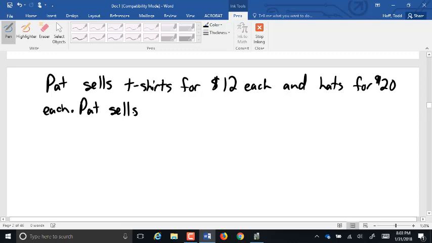Pat sells 4 times as many t-shirts. Wow, I did it again. I told you once I screw something up, I do it for the rest of the day. As many t-shirts as hats.